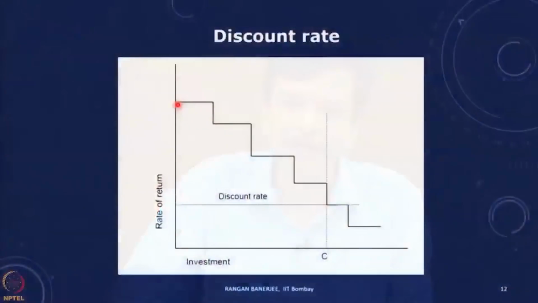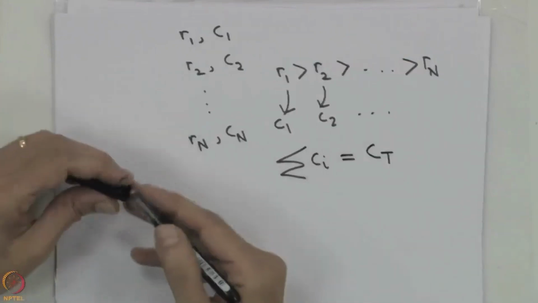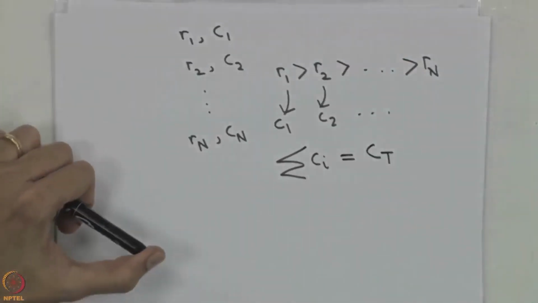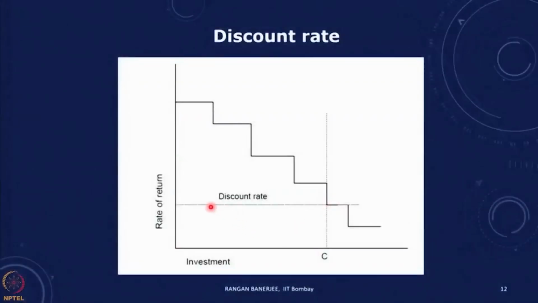Suppose we have R1 with C1, then R2 C2, R3 C3 and so on, till the total amount that we are investing, sigma Ci, is equal to C total, the total amount of money that I have to invest. So, any project which has a rate of return greater than or equal to this value is what I am going to invest in. This value then becomes my discount rate.